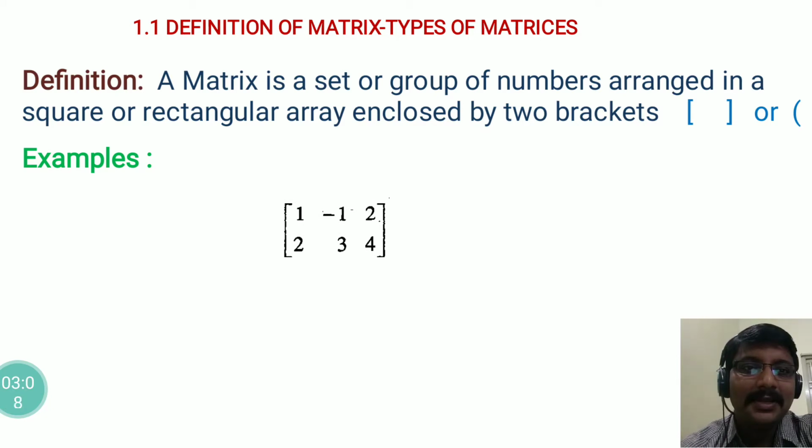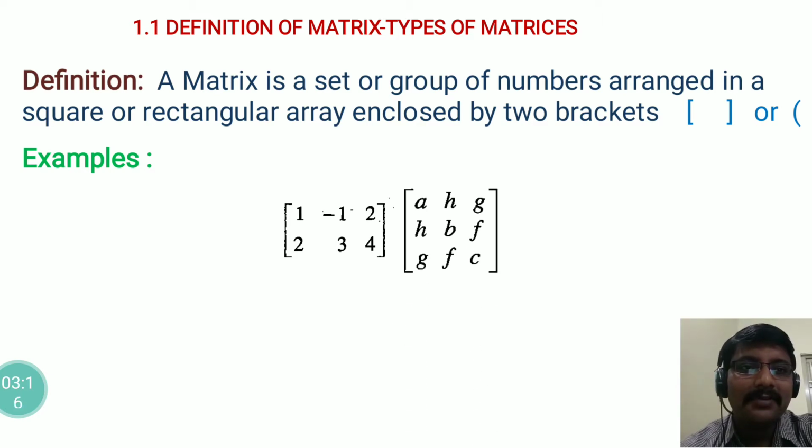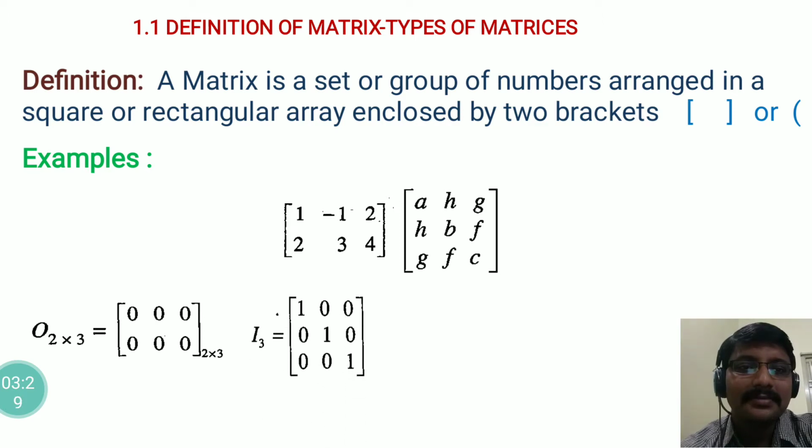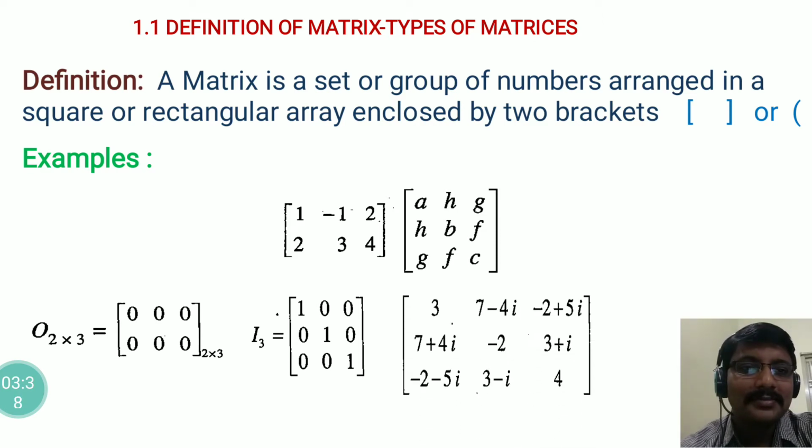This is an example which has 2 rows and 3 columns involving real numbers. It is also a 3 by 3 matrix but which involves the constants A, B, C, H, G, F. This is a null matrix which is of order 2 by 3, 2 rows, 3 columns, but with all elements zeros. This is a unit matrix which has the principal diagonal elements as ones and the remaining elements as zeros.